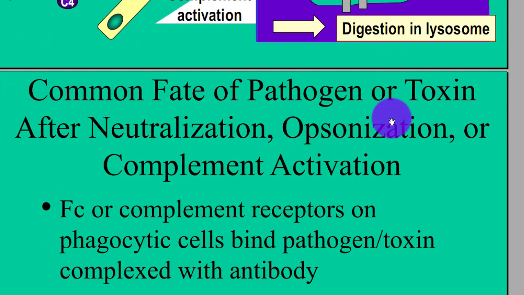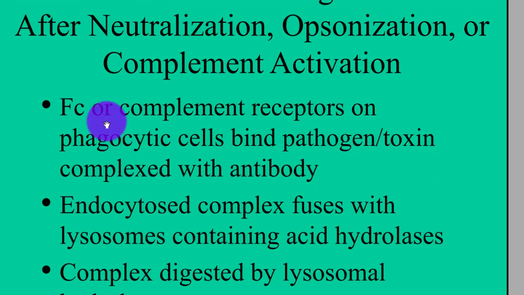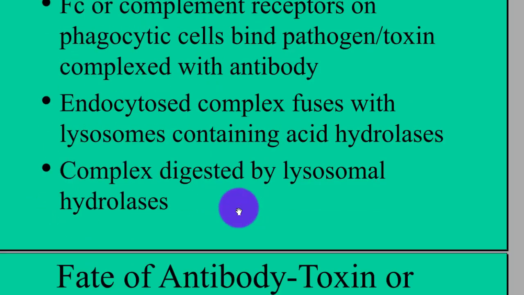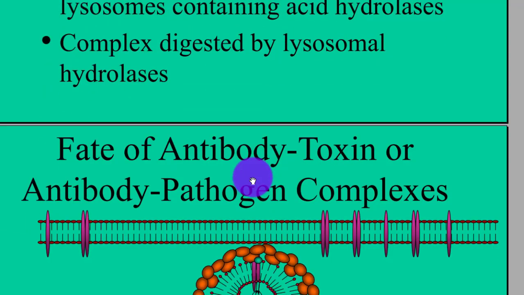Common fate of the pathogen or toxin after neutralization, opsonization or complement activation: Fc or complement receptor on the phagocytic cell binds the pathogen and toxin complex with antibody. The endocytosed complex fuses with the lysosome containing acid hydrolases, and the complex is digested by the lysosomal hydrolases.